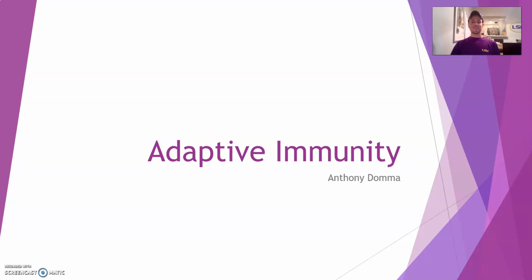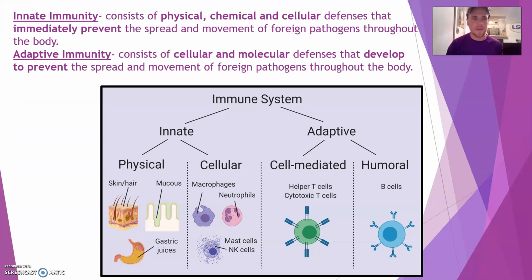In this video, we're going to talk about the adaptive immune system, which is the other arm of immunity.